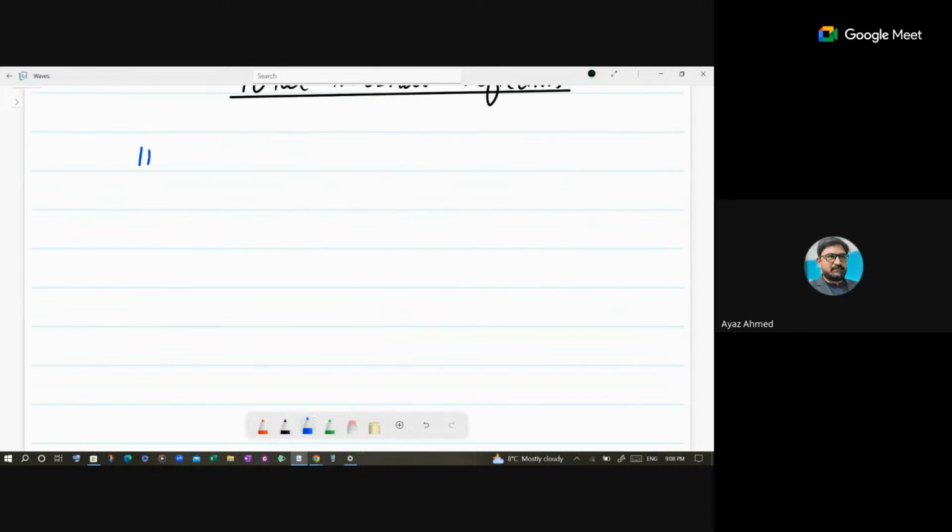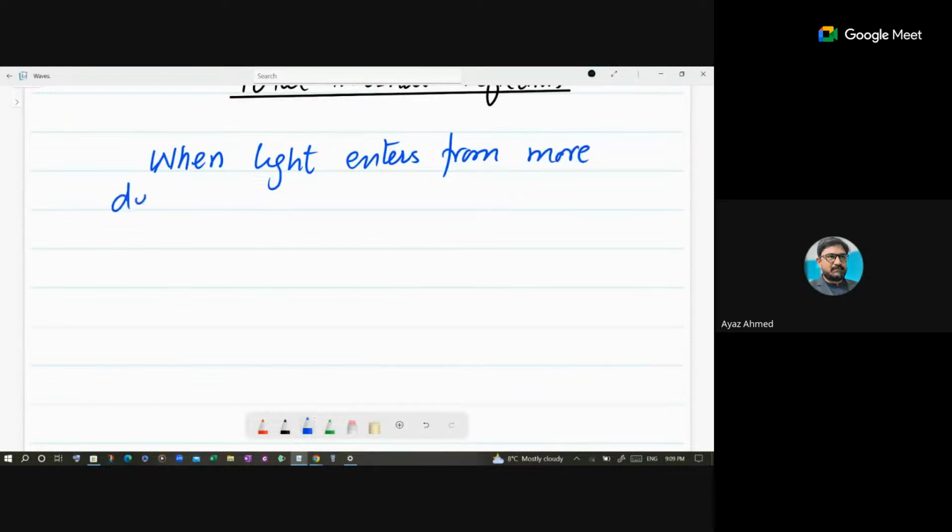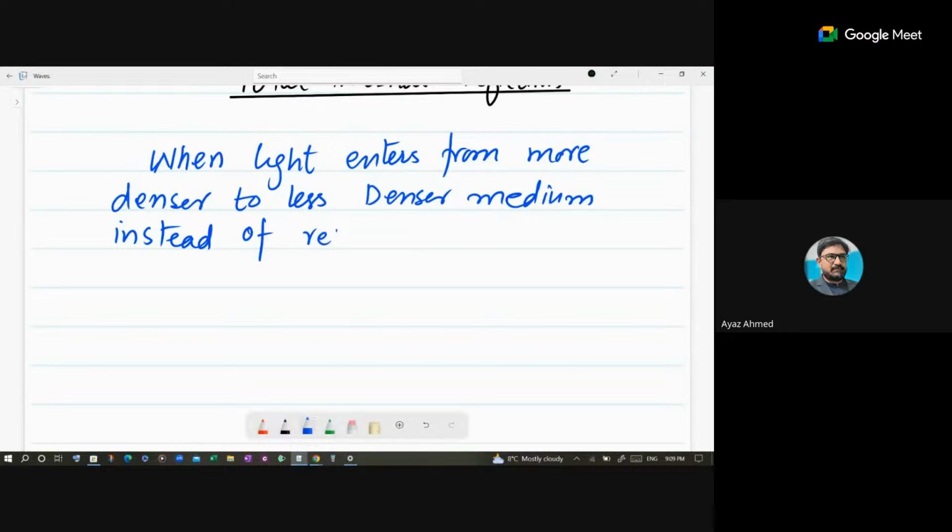When light enters from a more dense to a less dense medium, instead of refraction, instead of going out, it reflects back inside the denser medium.